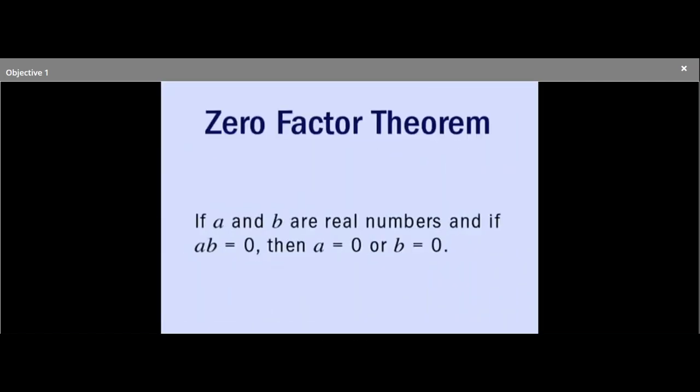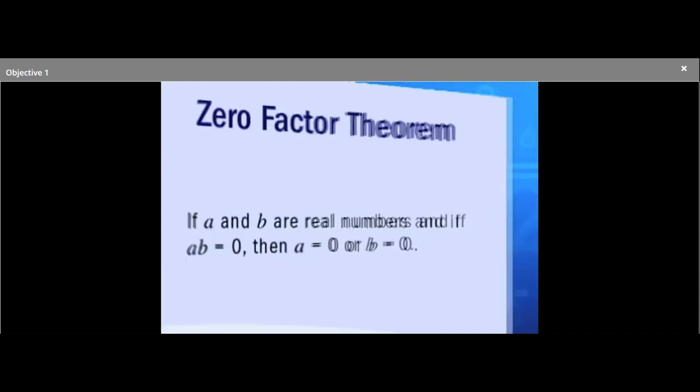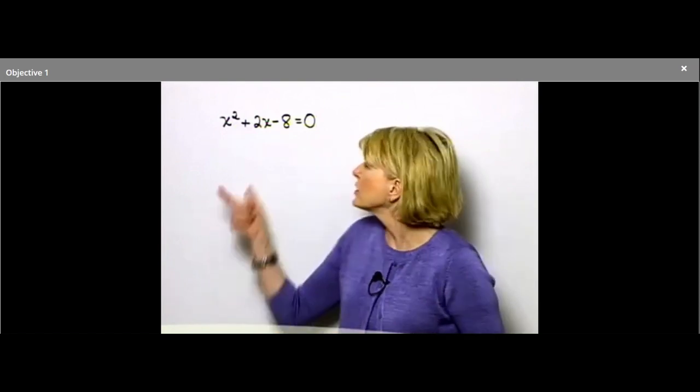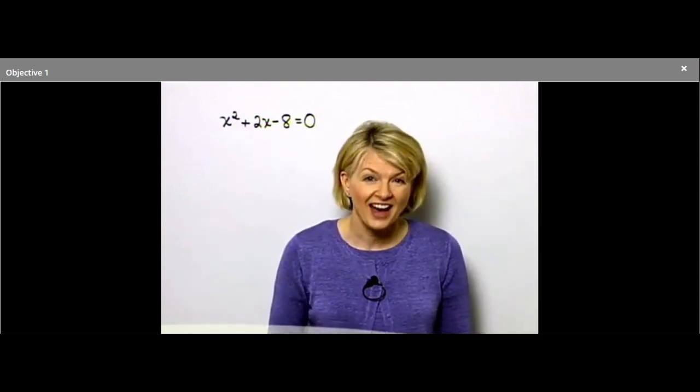The zero factor theorem: if a and b are real numbers, and if their product, a times b, is equal to 0, then a is equal to 0 or b is equal to 0. We're going to use that zero factor theorem to help us solve this by factoring.